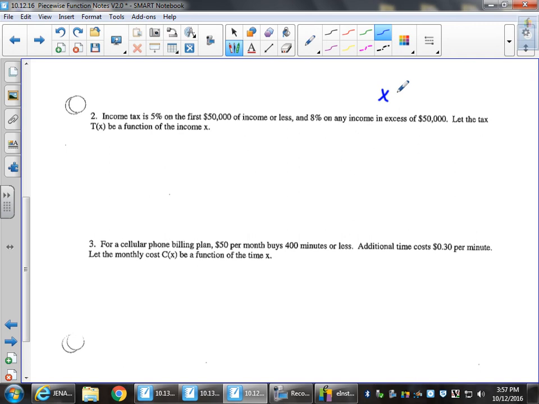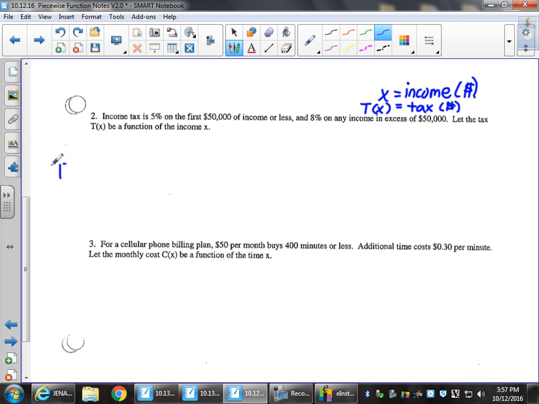X is income. And my output, T of X, is tax. Both measured in money, so we'll have to be careful we just keep track of what's what. So I'm told X is my income, tax is T of X.